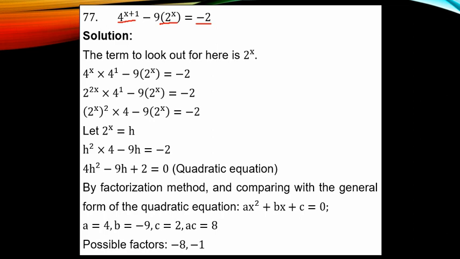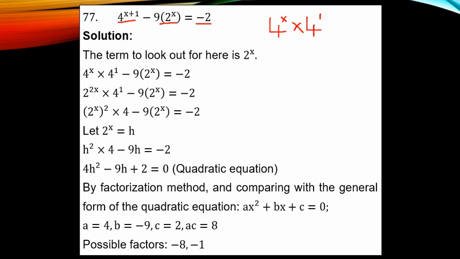Now the first term is 4 power s plus 1. Now think of it this way, that you have 4 to the power of s multiplied by 4 to the power of 1.